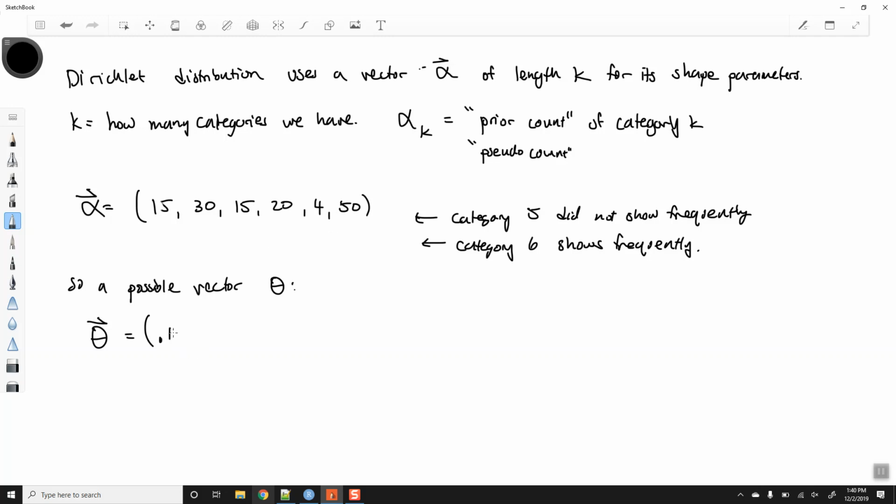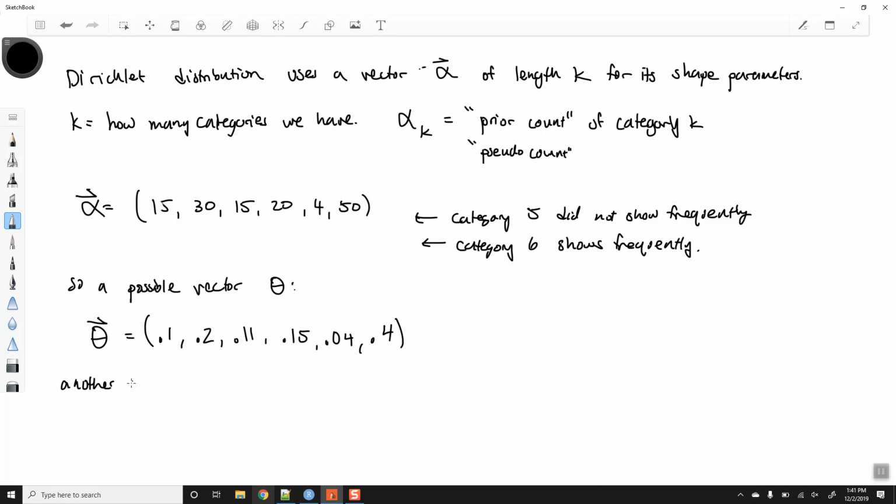So we're going to say like 0.1, 0.2, 0.11, 0.15, 0.0. I can't add this up. What is this? 4, 15, 30, 50, 60, 0.4 or something like that, right? So that's one possible vector theta.